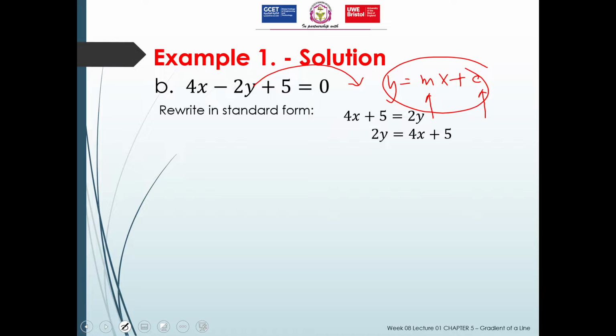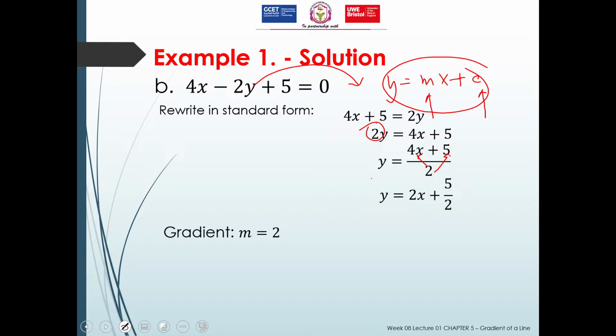Now we want to make sure that the numerical coefficient of y, which at this point is 2, is equal to 1. So we divide both sides by 2. Now we have y equals (4x plus 5) divided by 2. Finally, 4x divided by 2 gives 2x, and 5 divided by 2 gives 5 halves.